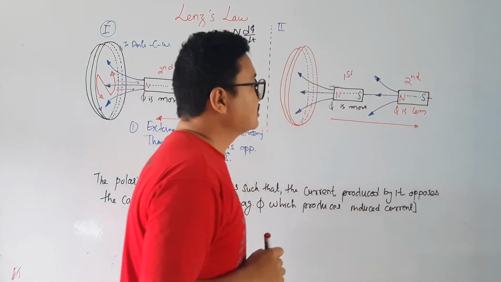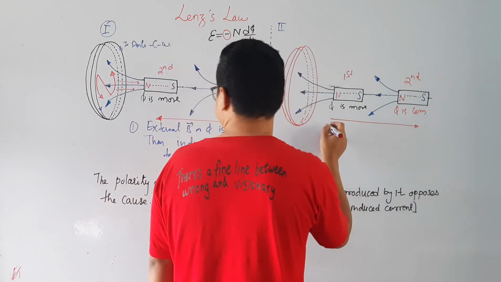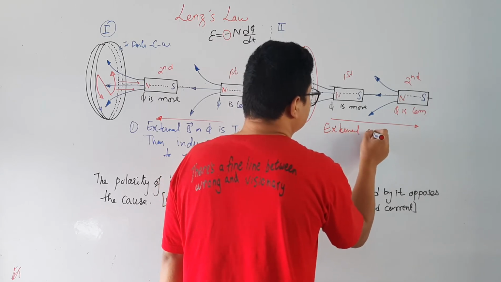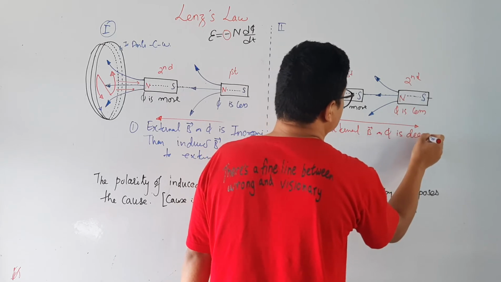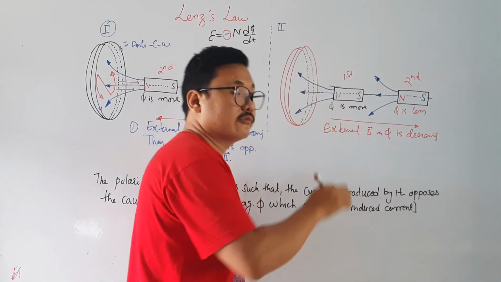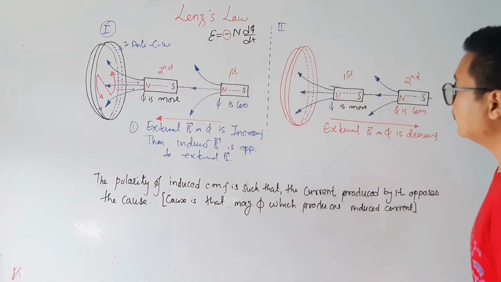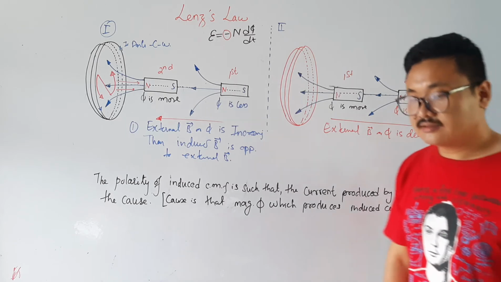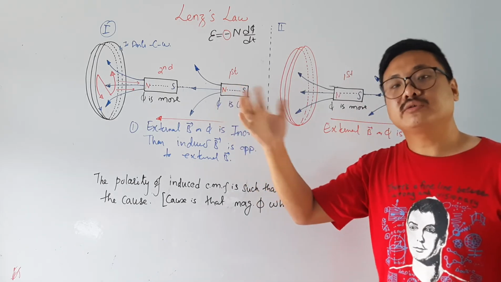What this means is that whenever I move away, the external magnetic flux is decreasing. Very important. Why? Because I am going away. Whenever there is a change, it is either increasing or decreasing. Change means to decrease or to increase.